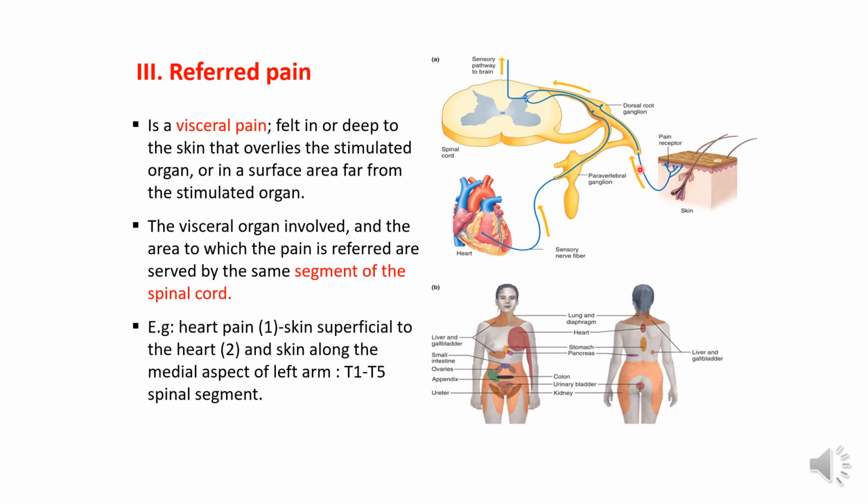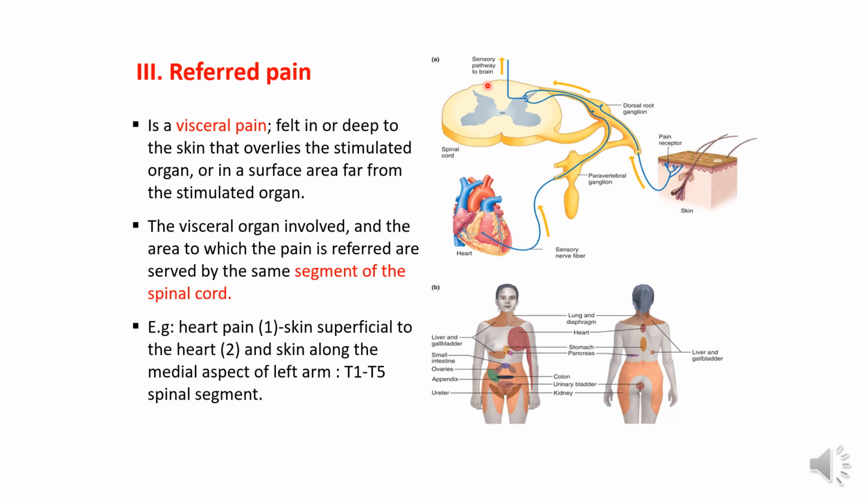That is the mechanism of referred pain, which is known as what? Convergence projection theory, or we can name it the dorsal root branching theory. The dorsal root has branches, one coming from the viscera and one coming from the skin, and they are synapsing, or converging, on the same segment of the spinal cord. When this segment of the spinal cord sends the information to the cerebral cortex, it projects the information as if it is coming from the skin.